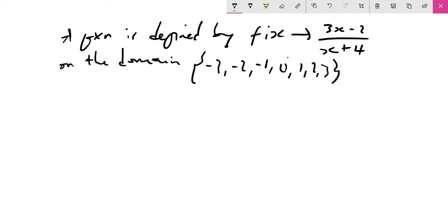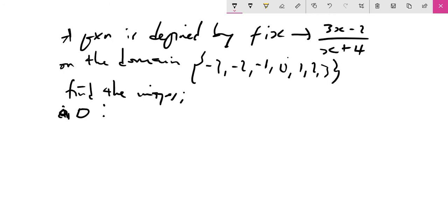So then, what's the question under it? Find the images of the following elements: 0, and I'm just going to pause and do it.